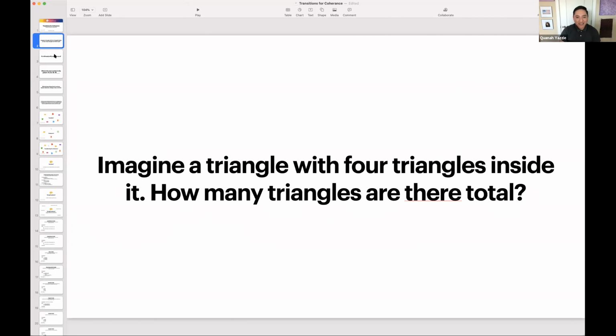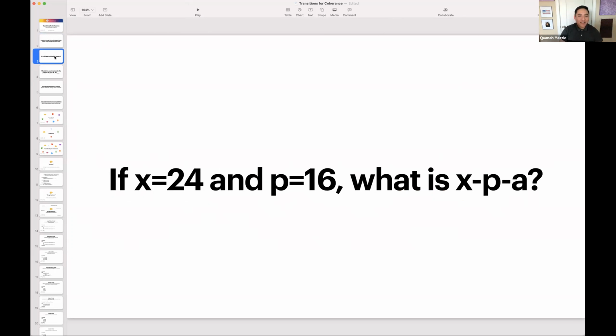So we went into this one. Sorry, I lost my train of thought, but if x equals 24 and p equals 16, what is x minus p minus a? It's like a mathematical question. The answer is relative to the alphabet, because X is the 24th letter, P is the 16th letter, and A is the first letter.